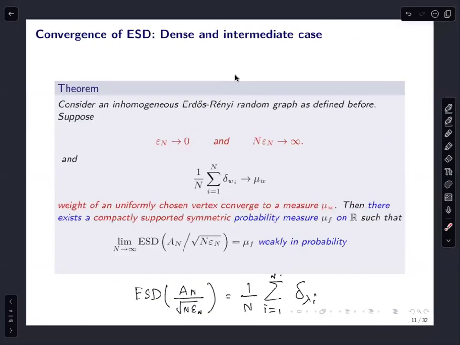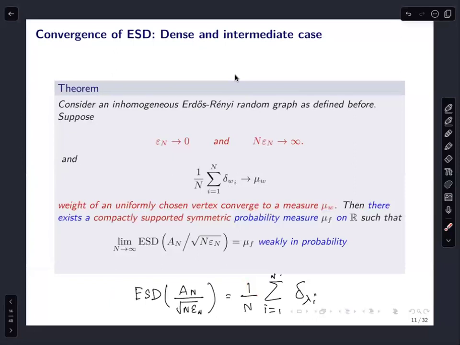What one can say is that if I look at the empirical spectral distribution, defined here, for the scaled matrix, that is An divided by the square root of n epsilon, I have my eigenvalues and I put mass 1 by n on each of them.